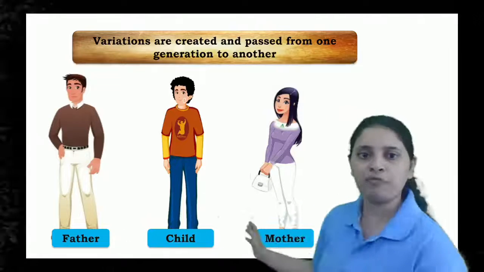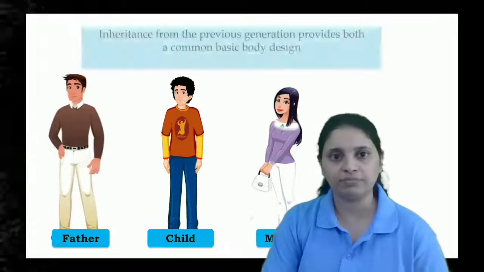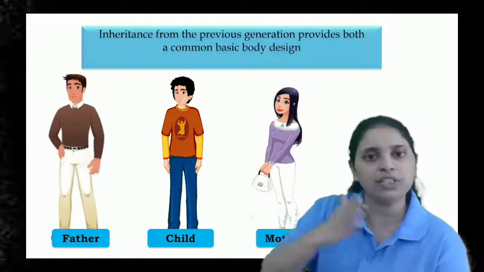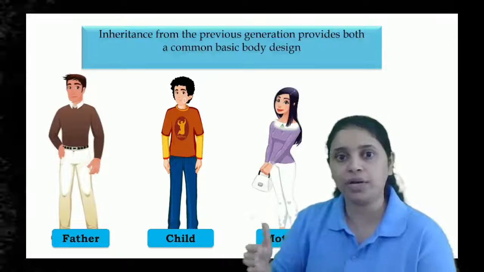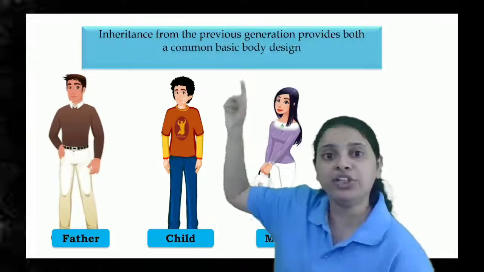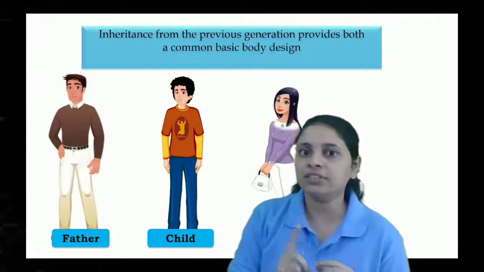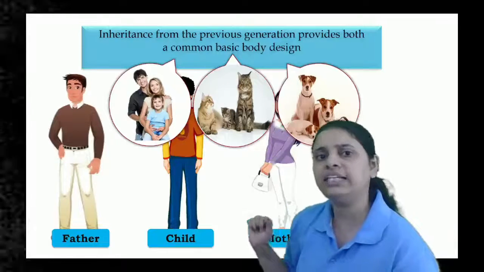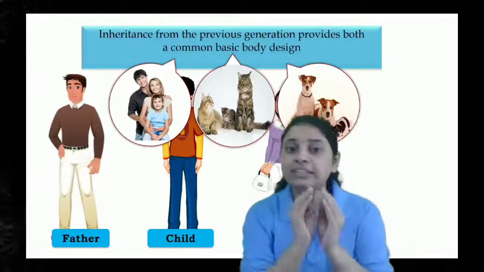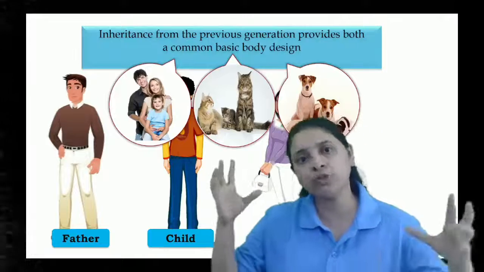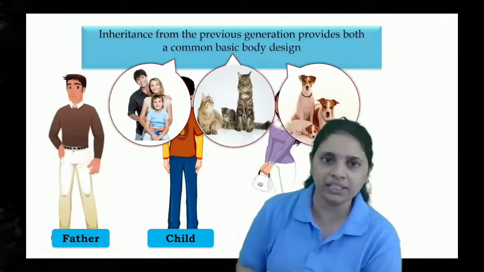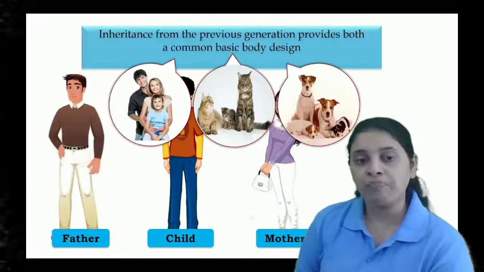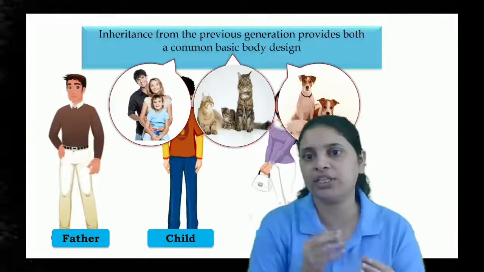Like here, the parents have passed on their characteristics to their child. Okay? Inheritance is basically how the traits are transferred from one generation to next generation, from parents to offsprings. Inheritance from the previous generation provides both, first, a common basic body design, right? Like in all animals, how do we recognize that this is a human, this is a cat, this is a dog? Because it has a certain set of characteristics. From this they are identified. So there is a basic body design, like humans have a basic body design by which you can recognize that this is a human being, or this is a cat, this is a dog, or a lion.